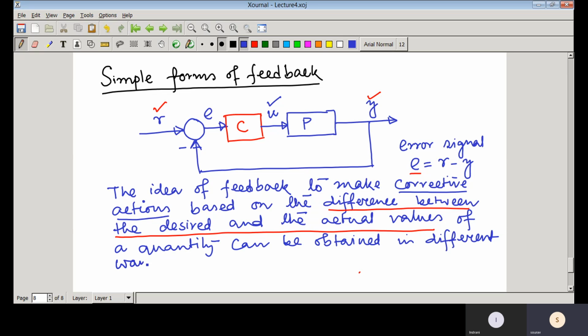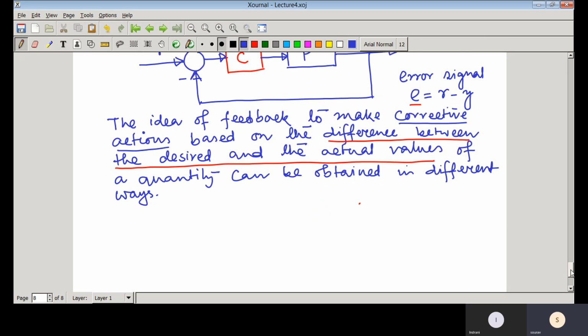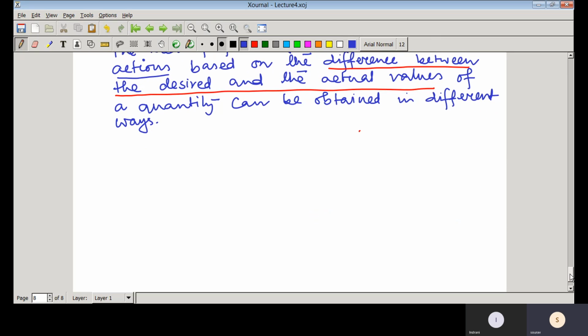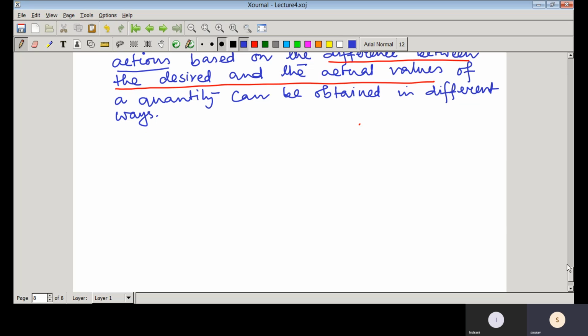Today we will be discussing two types of control. One is on-off control, and the other one is PID control.